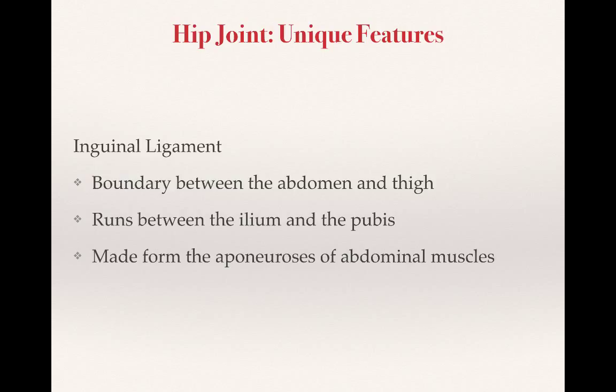The aponeurosis is a layer of flat, broad tendons, and they function to join muscles and the body parts that they act on. This is a term that you're going to see throughout the semester, so just get used to seeing it, and we'll run through some of the illustrations in your atlas about an aponeurosis.